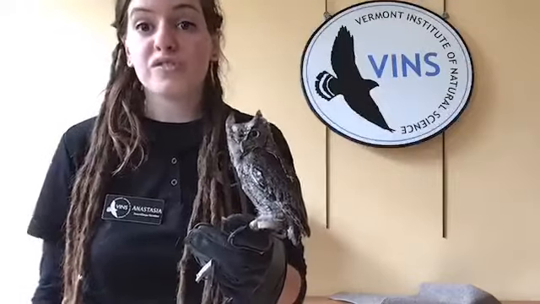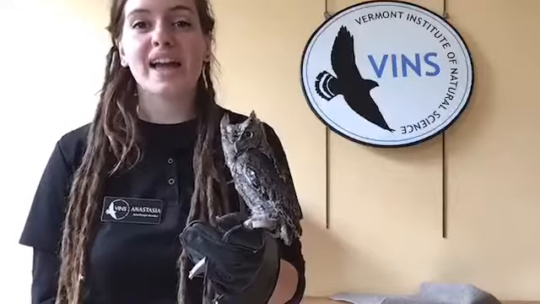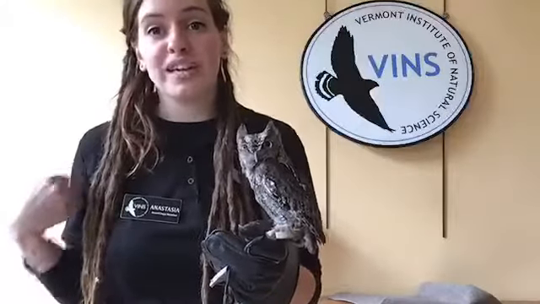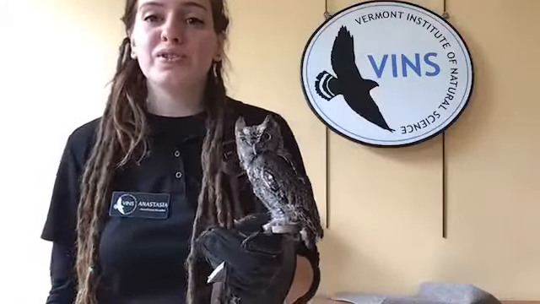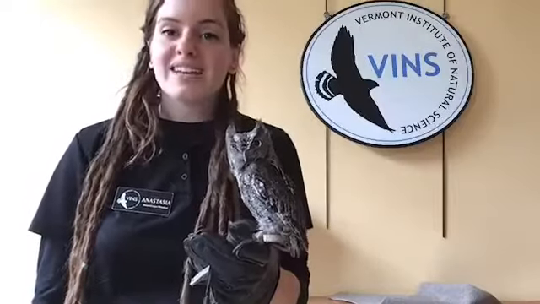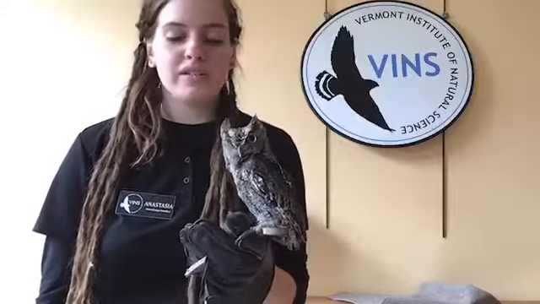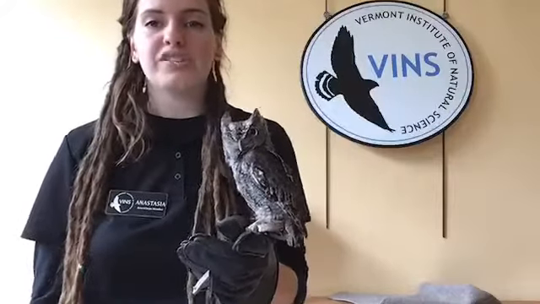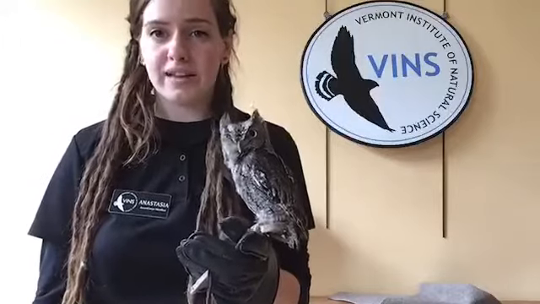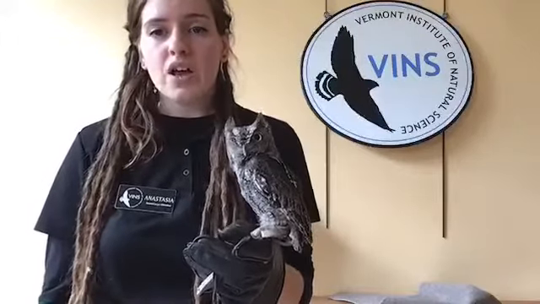Most screech owls, ones that don't have injuries, have really good ear-mouth coordination. So they're able to figure out where something is and grab it with their mouth. One thing that is really interesting about owls, all owls in general, is that they don't have very good eyesight. They're kind of far-sighted.